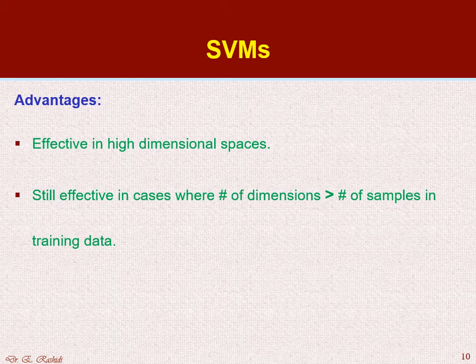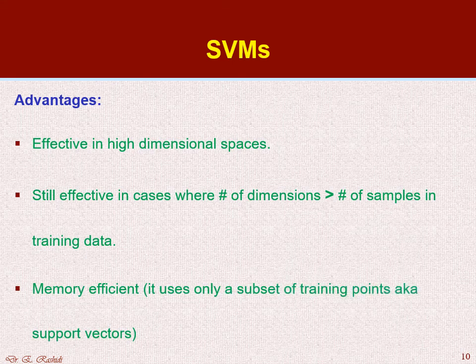So even if the number of features, that means the number of columns in your data, is greater than the number of rows. The number of rows is just the data points or samples of the data that you have. And the number of columns are just different features or different variables. So even if your number of features is greater than the number of data points or samples that you have, this method can still be effective.